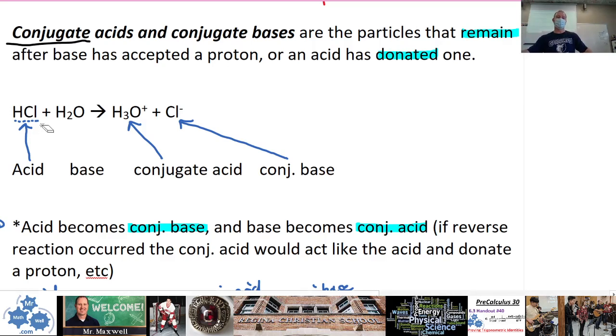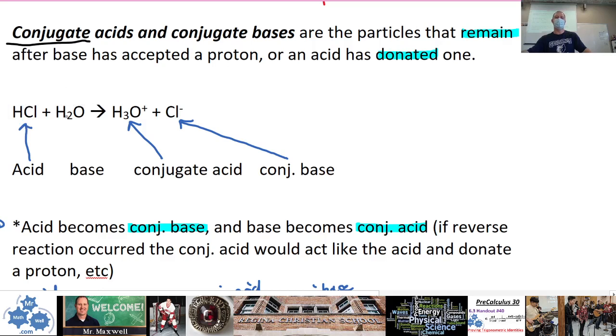So if you're wondering about HCl, what that is, you do need to do some more studying right now, because you should know that's hydrochloric acid, and that's very strong. It dissociates readily and quickly. And so it's going to give its hydrogen to the water to make H3O+. So the water is the base here, and what the water becomes is the conjugate acid. What the acid becomes is the conjugate base.